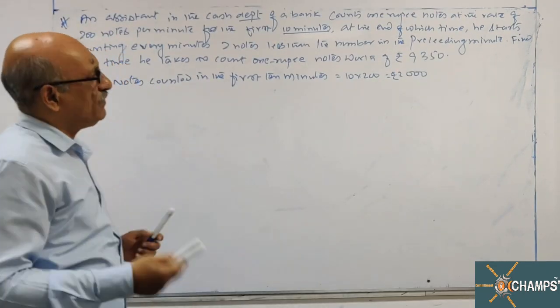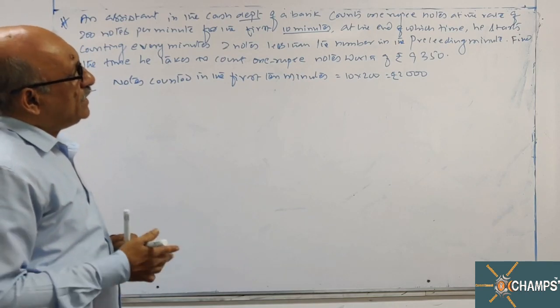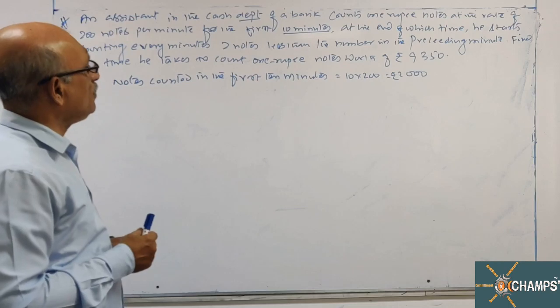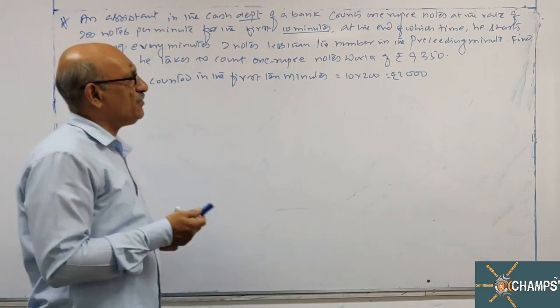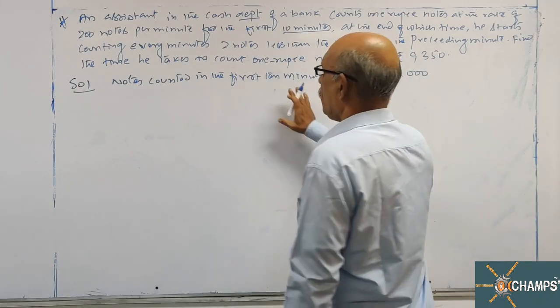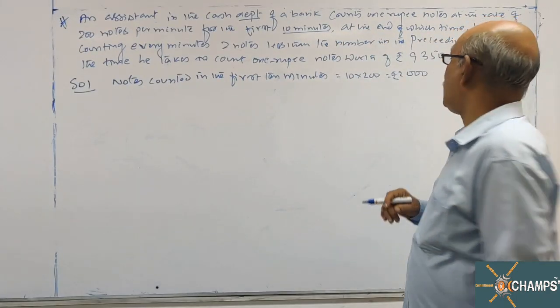After that, at the end of which time he starts counting every minute 2 notes less than the number in the preceding minute. 2000 notes counting is already over in 10 minutes. Let us see the balance.